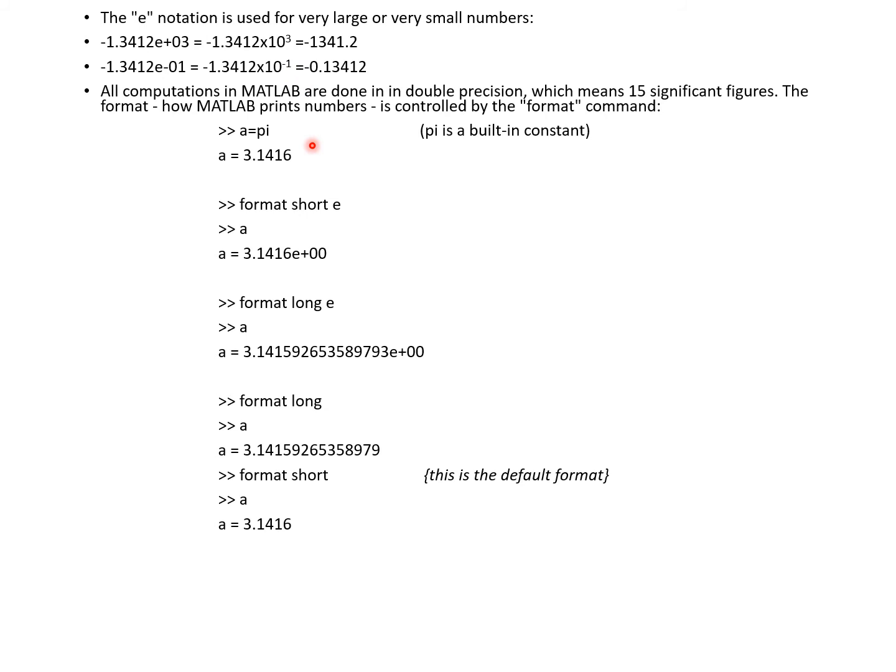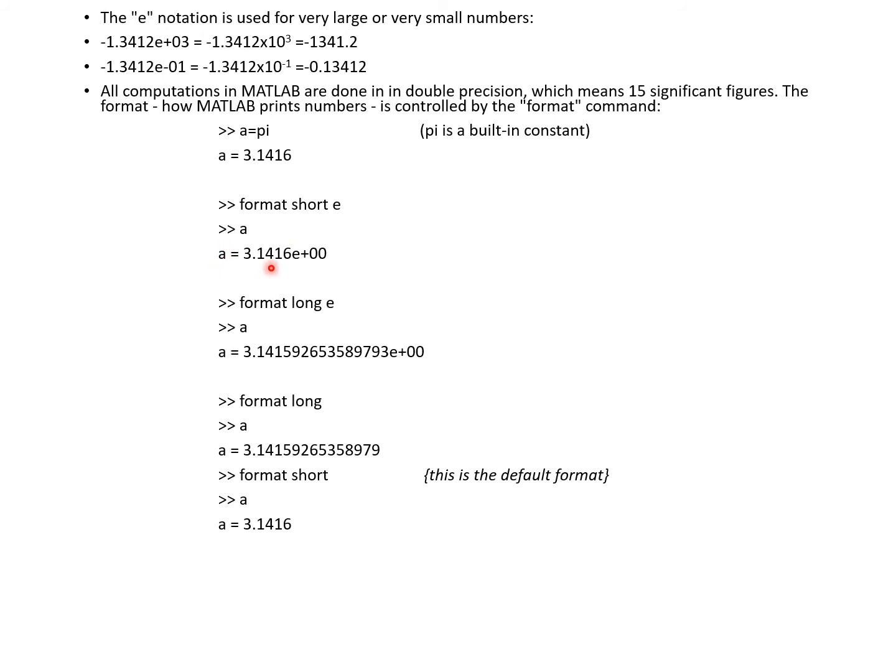There are also built-in constants for MATLAB, which you can find in the help menu. So, for example, you type in pi, it will give you the answer for this one. And you can also set the format for E. If you want it short, you type in format short E, and you type in A equals pi.